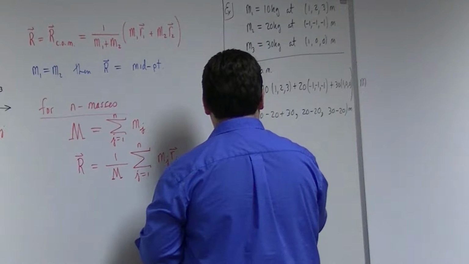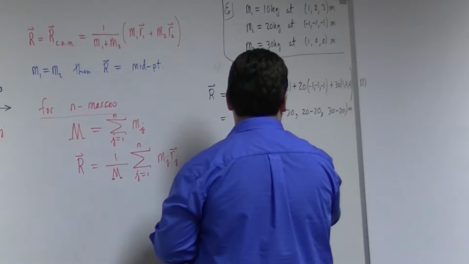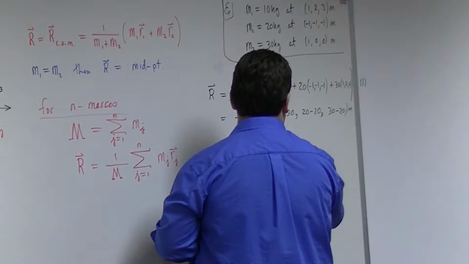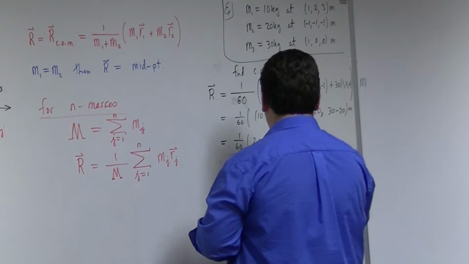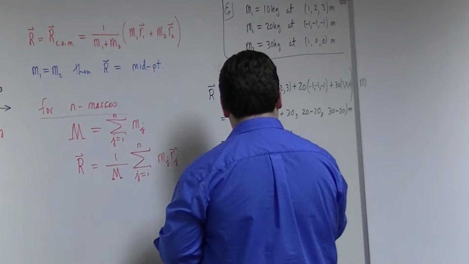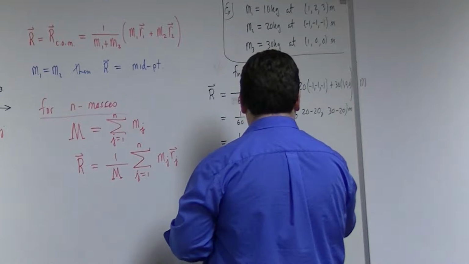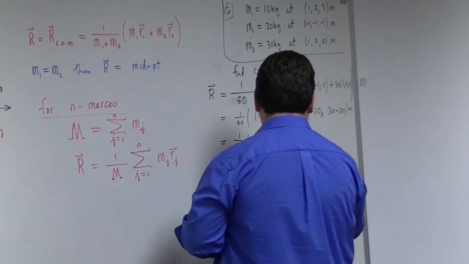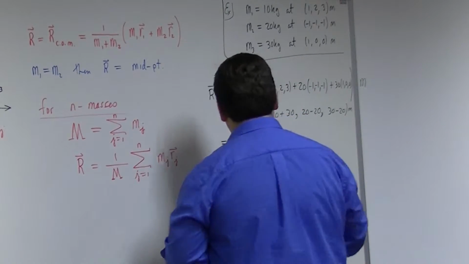So I get 1/60th of (20, 0, 10) meters, or finally cleaning it up just a bit, (1/3, 0, 1/6) meters, and then I'd probably leave it as a decimal, but I'm going to be lazy. There you go.